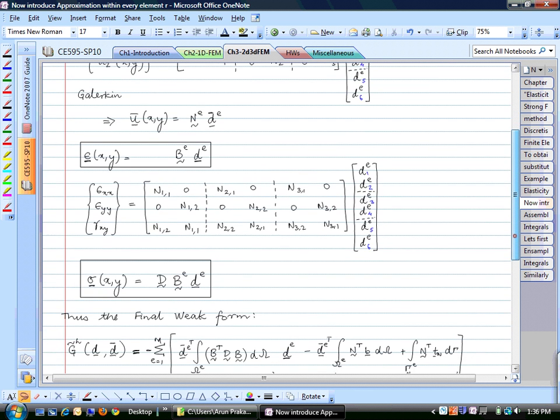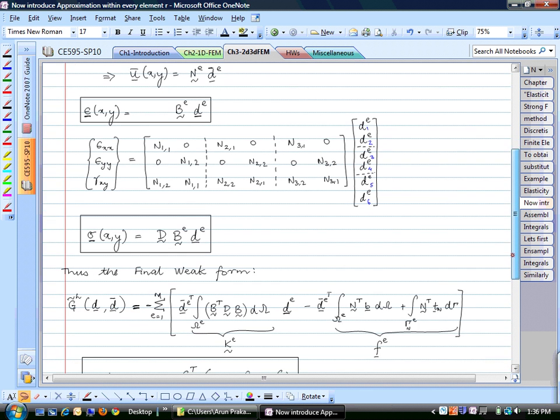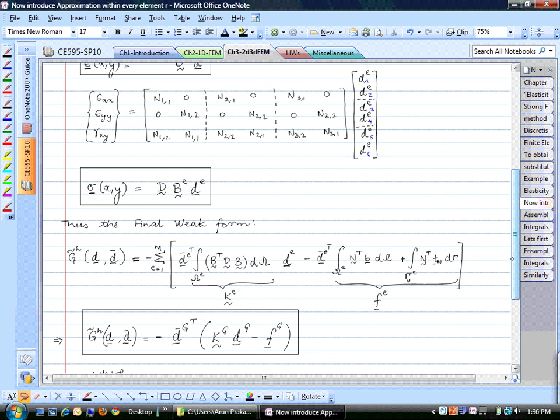So finally, you plug that into your weak form, and you try to evaluate all your integrals over one element, and you will have the same sort of setup that we had before. You can find your element stiffness matrix, element force vector, and maybe I should also place a parenthesis here.